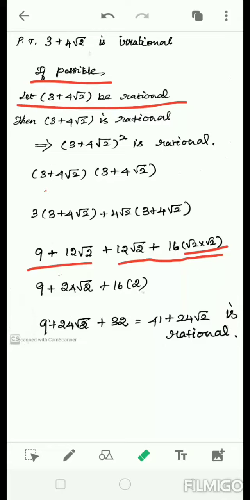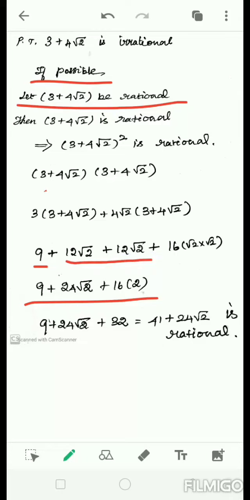Okay, so I have arrived at 9 plus 12 root 2 plus 12 root 2 plus 16 into root 2 into root 2. Already you know that root 2 into root 2 is nothing but 2. Right? So just look here: 9, and these two terms are like terms and can be added.